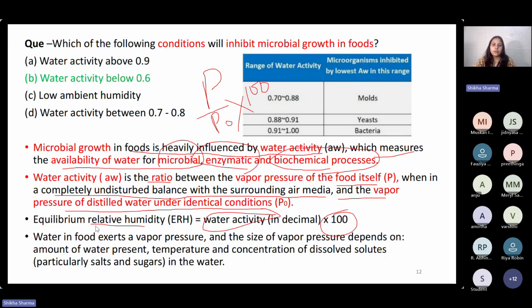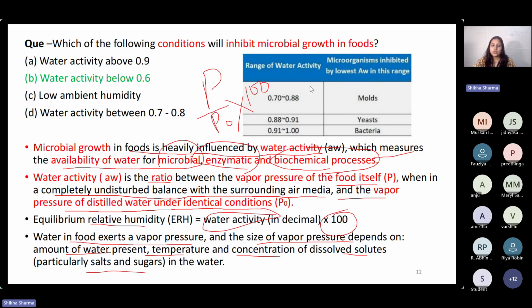So the water in the food exerts a vapor pressure, and the size of the vapor pressure depends on the amount of water present, the temperature, and the concentration of dissolved solutes like the salts and sugars in the water.